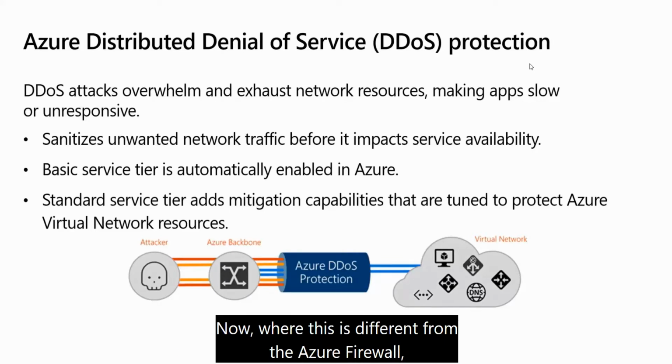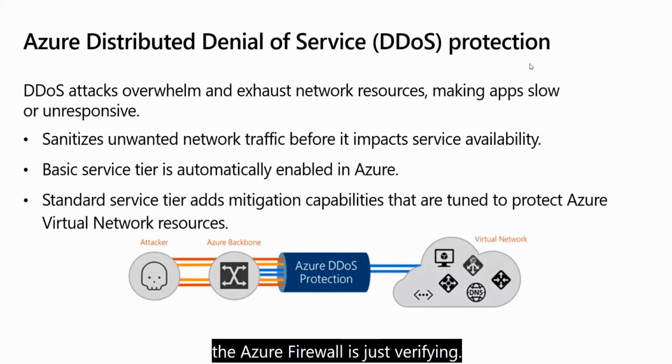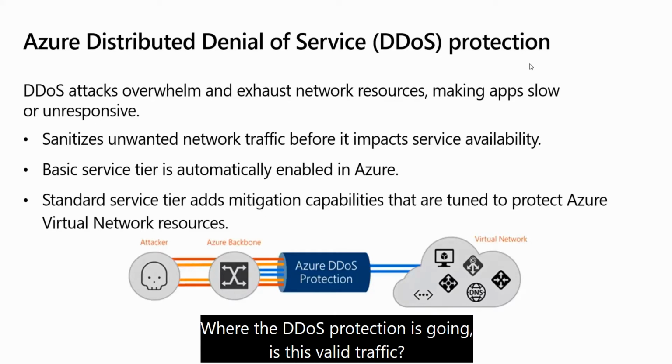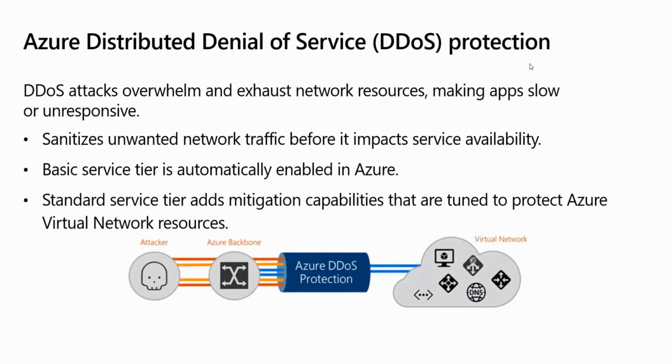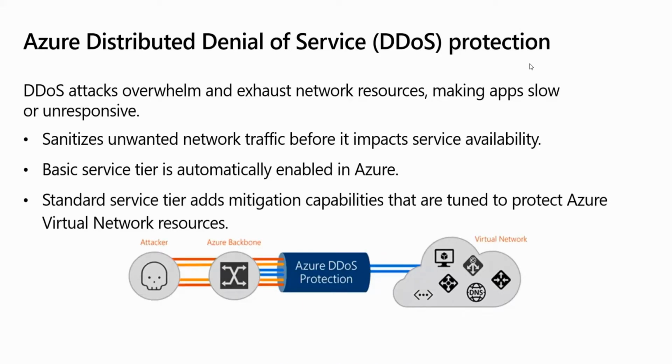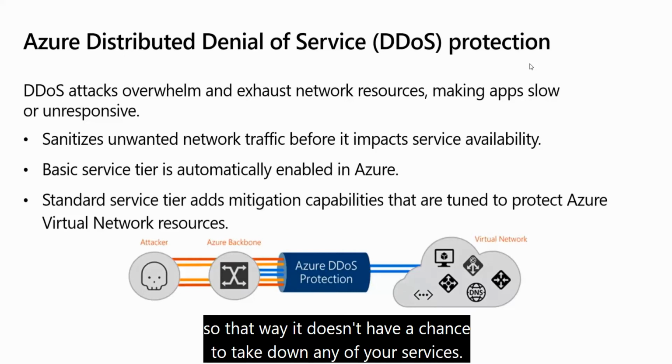Where this is different from the Azure Firewall, which is just verifying, yep, this is allowed traffic, this isn't, the DDoS protection is asking, is this valid traffic? So it's preventing any unwanted traffic from coming in, so that it doesn't have a chance to take down any of your services.